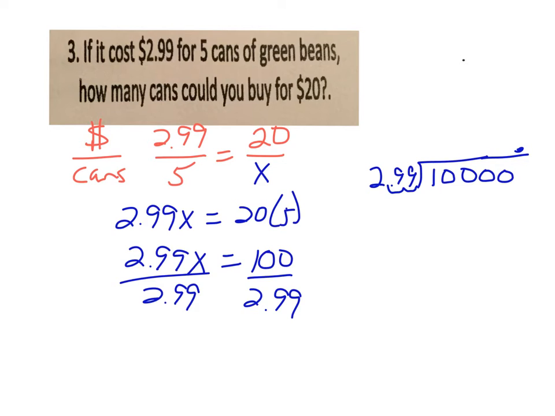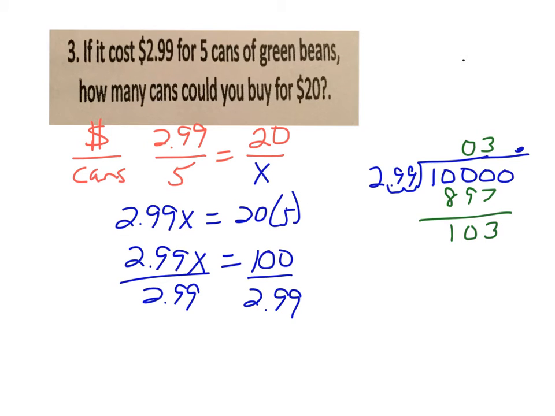So 299 does not go into 100, so that's nothing. But around this 300. 300 goes into 1,000 3 times because that's around 900. So that comes out to 897. So your remainder, when you subtract, is 103.